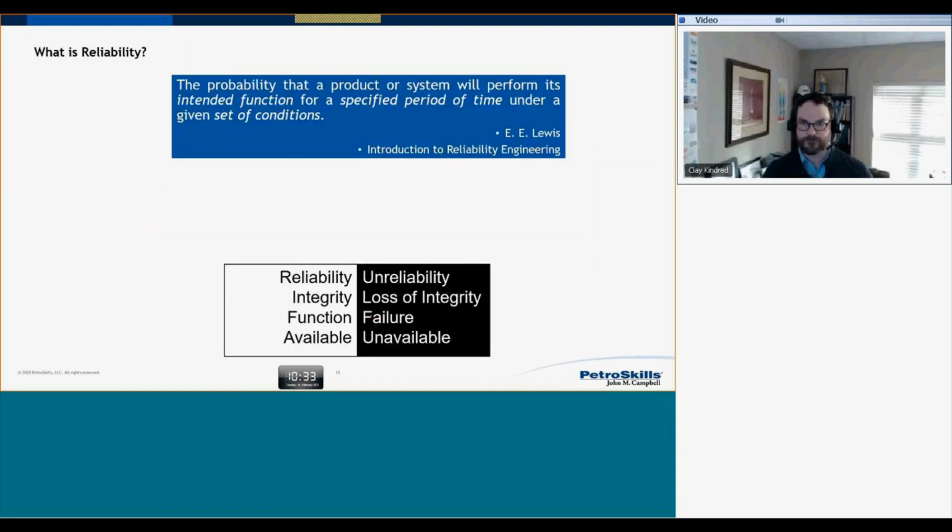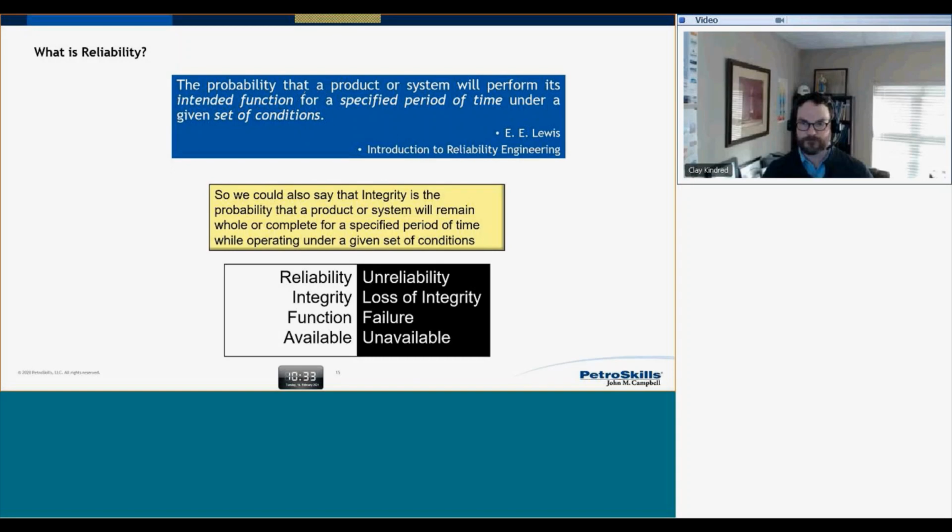So, what's reliability? A lot of you guys will be using one of those definitions for reliability, and it's not correct. Availability is a measure of downtime. Reliability is a measure of probability that a piece of equipment will not fail. Now, E. Lewis had this definition, and this comes from Nolan and Heap.